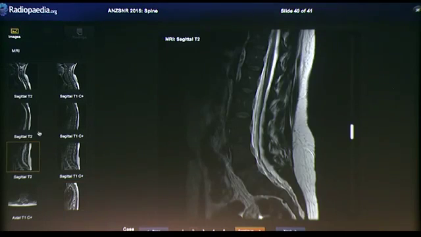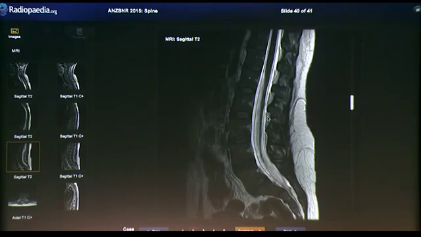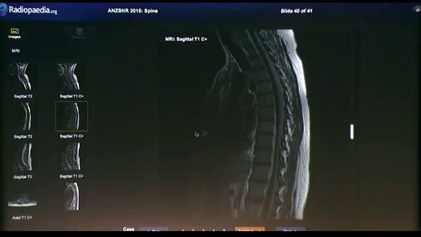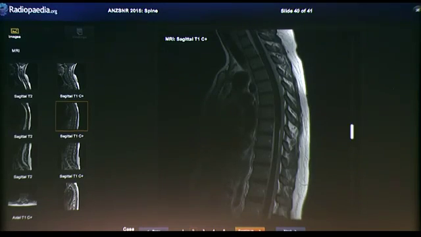And so it's a potential pitfall in someone who's had a delayed contrast administration, that you can end up with this appearance of fluid which is not iso-intense to CSF, which would be the classic finding.